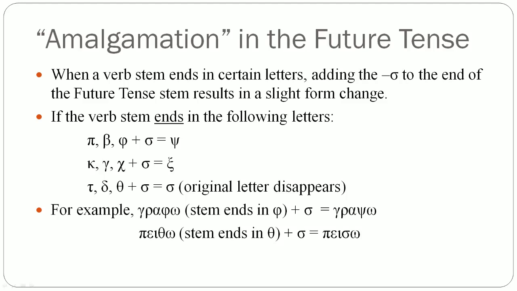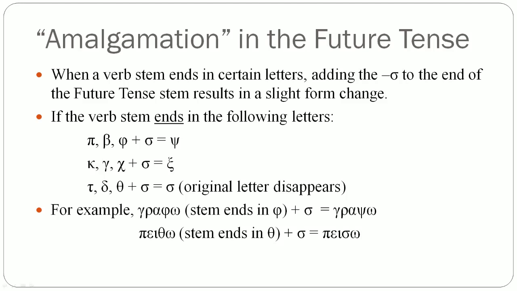Let's look at these. Grapho, again, is the word I write. If you want to say I will write, future, have a look at the word grapho. The first person singular ending is omega, so we can drop that off to get the stem. The stem then is gamma, rho, alpha, phi, and notice the stem ends in a phi, which is one of these amalgamation letters.